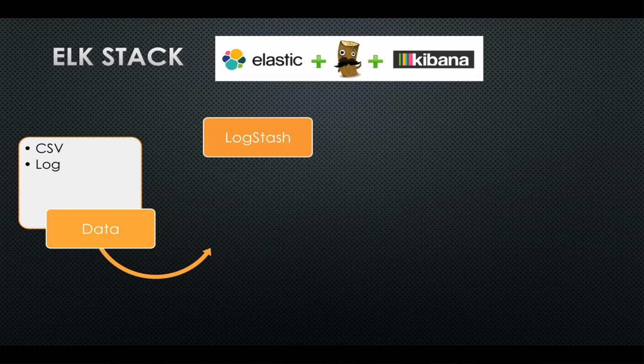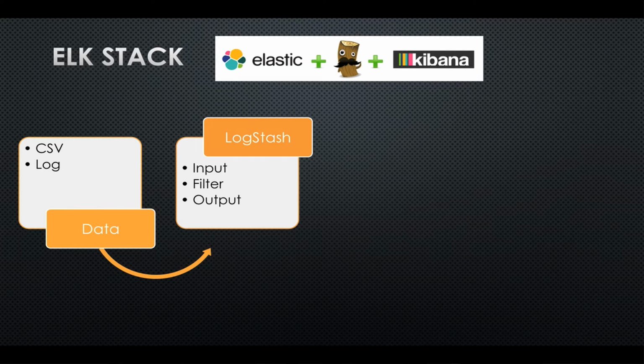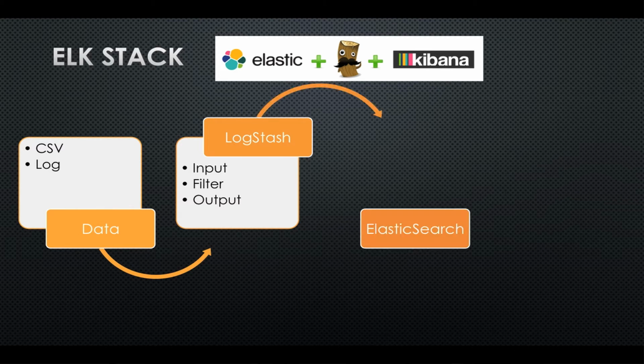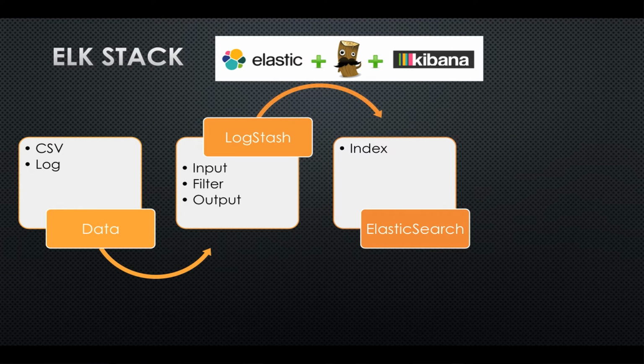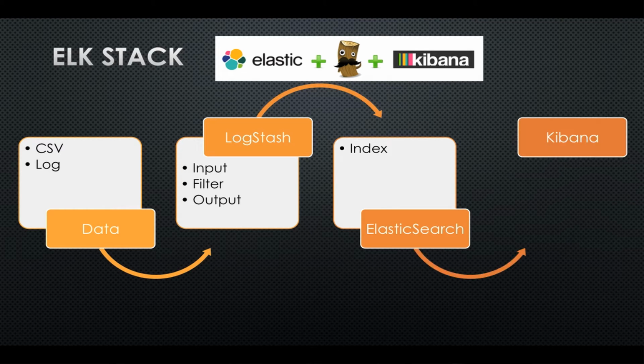Logstash will be used to get your data, filter your data, and output your data. One of the systems that you can output your data to is Elasticsearch, although you can also output to other event queues as well. Elasticsearch will be used to index your data. And then ultimately, you can do your visualization and graphing on the Kibana dashboard.